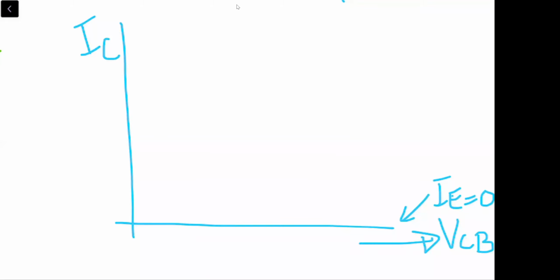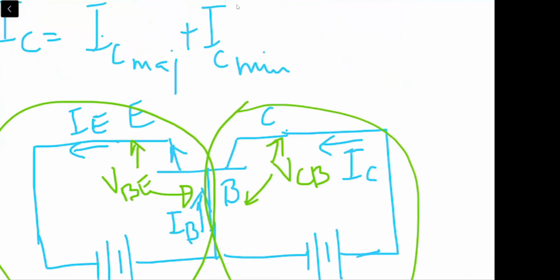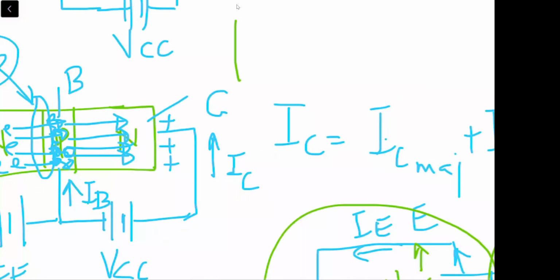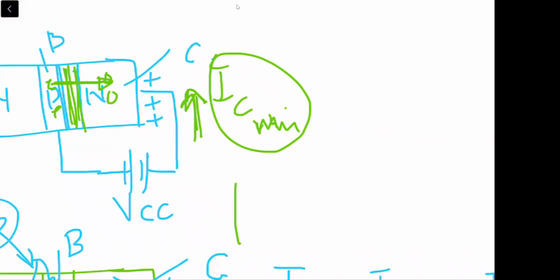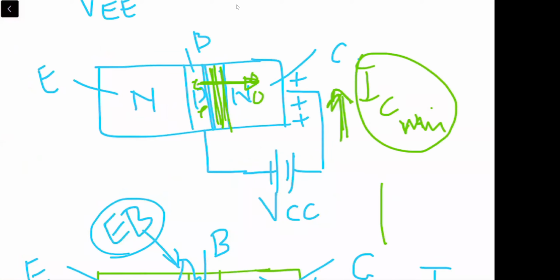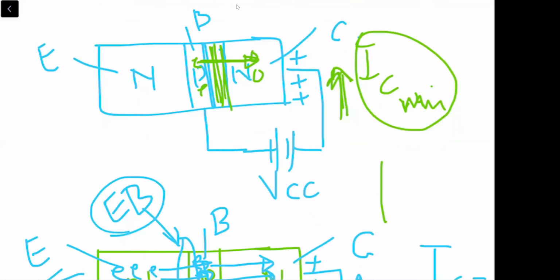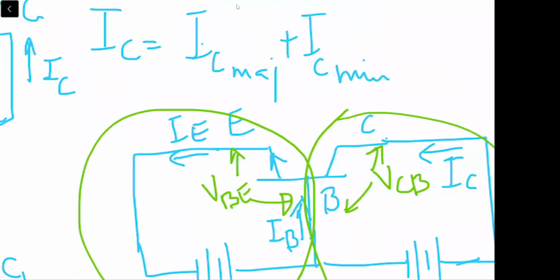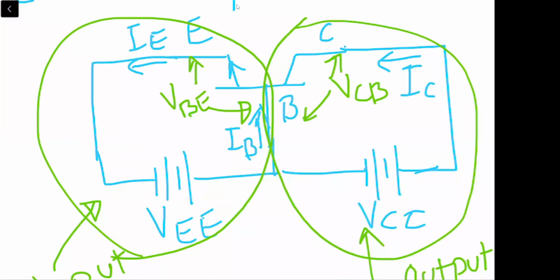So this means that we are in a situation where we have a circuit something like this, where there is no forward biasing of the emitter base junction, right? So if the emitter base junction is not forward biased, then in that specific case IE will be equal to 0, right?